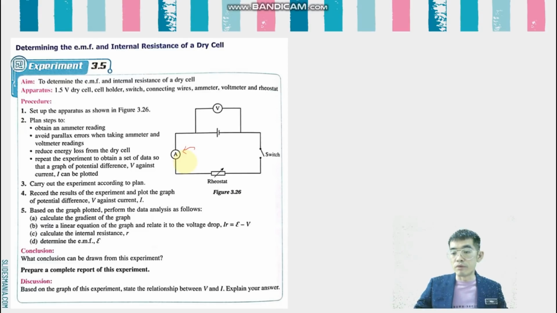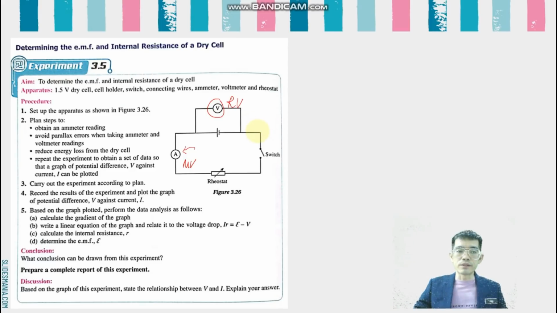As mentioned in my previous video, we need at least 5 readings of the manipulated variable for plotting of the graph. The responding variable for our measurement here will be the reading of the voltmeter.